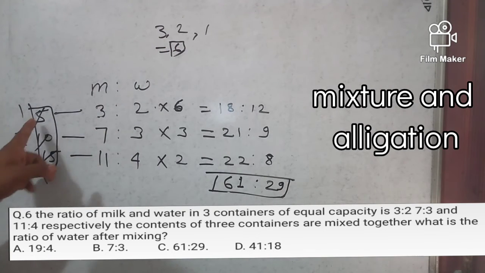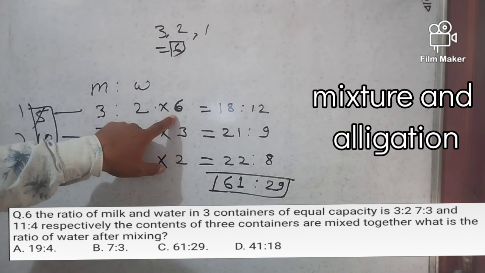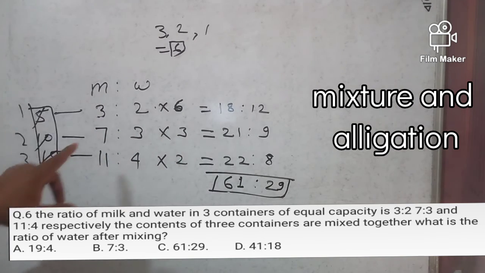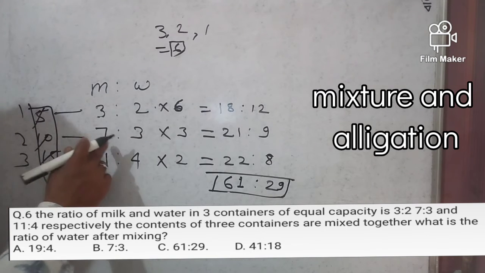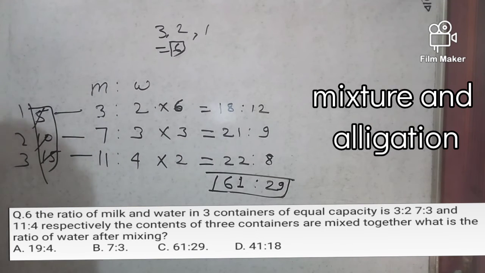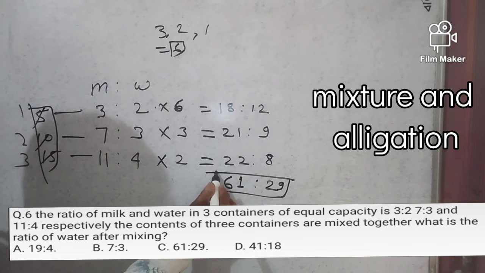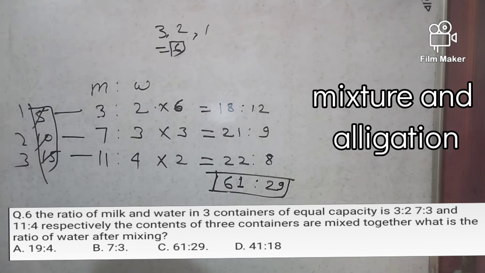So first multiply with 6. 6 times 1 is 6, right? And 2 times 3 is 6, so multiply with 3, and 3 times 2 is 6, so multiply with 2. So after calculating, we found 61:29. So the mix is 61:29. Let's move to the next question.